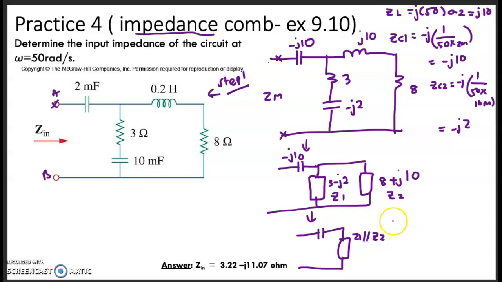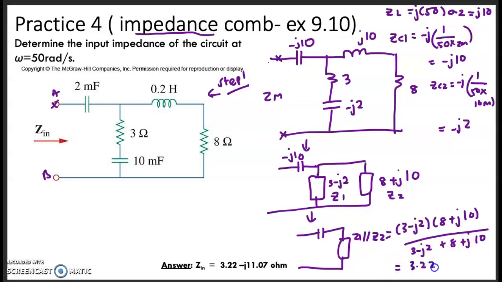So we get that is equal to 3 minus J2 multiplied by 8 plus J10, divided by 3 minus J2 plus 8 plus J10. Then you just use your calculator. You got the equivalent parallel impedance. It becomes 3.22 minus J1.07. I hope you try this one by using your calculator.